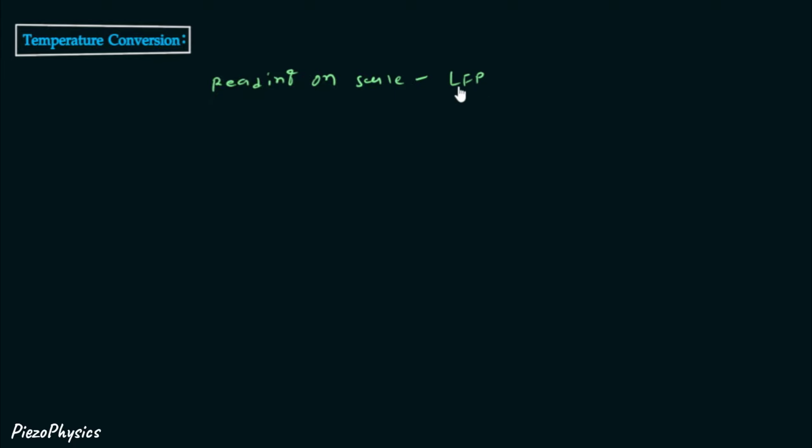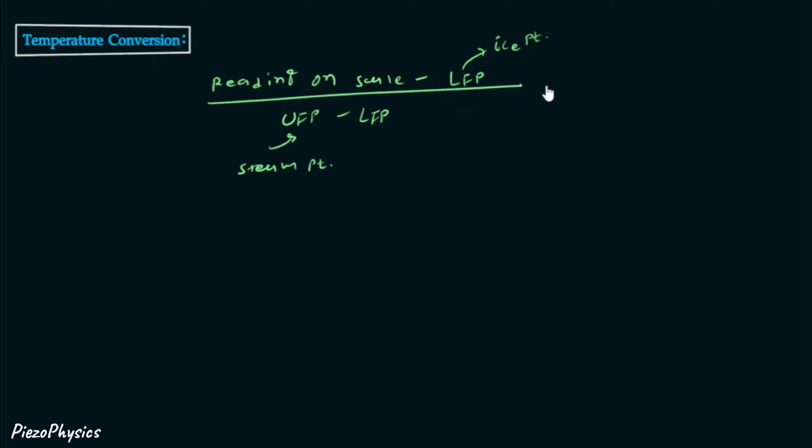The lower fixed point is generally the ice point. This is divided by the upper fixed point minus the lower fixed point. Now the upper fixed point is generally the steam point.